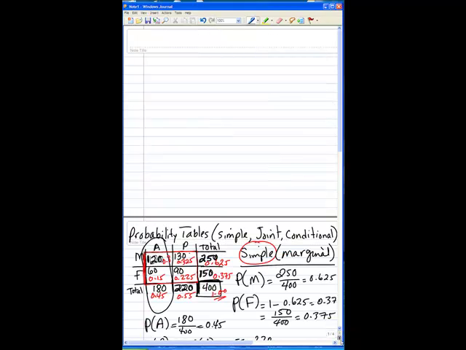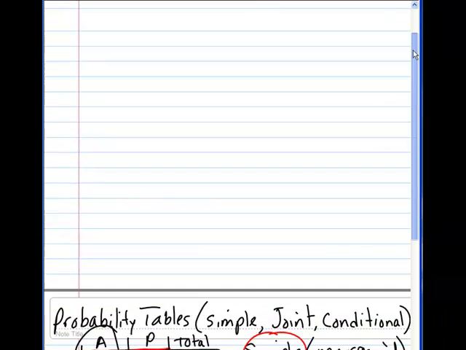So let me go to here and let's talk about this problem in terms of a tree diagram.